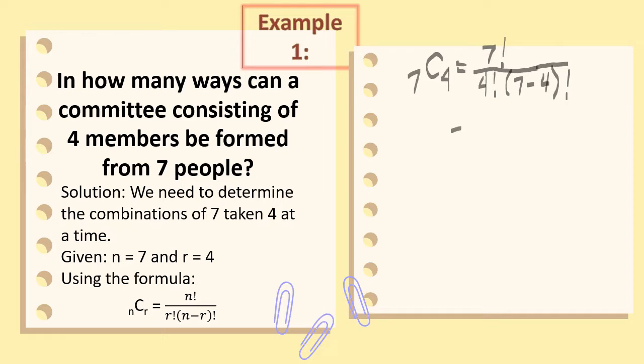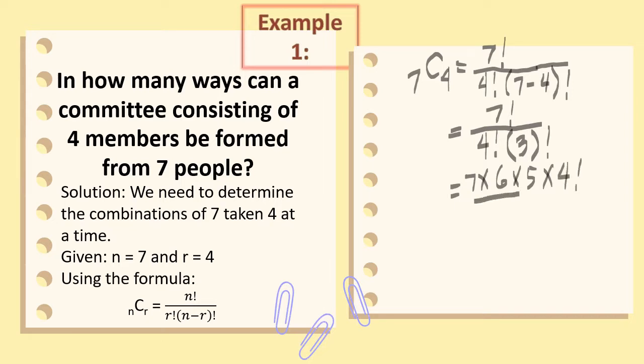Copy the 7 factorial over, and then 7 minus 4 is equal to 3 factorial. Expand the 7 factorial. So 7 times 6 times 5 times 4 factorial. Hanggang 7 factorial lang. Kasi i-cancel natin yung 4 factorial na nasa baba. Then 3 factorial. Cancel out, cancel out.